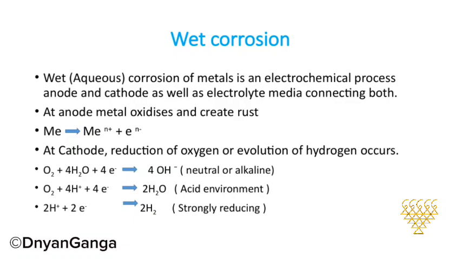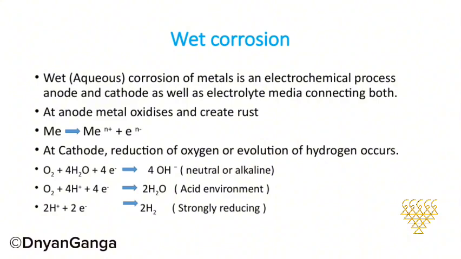For example, in neutral or alkaline conditions, oxygen reacts with water and electrons to produce hydroxide ions. The reaction looks like O2 plus water and electrons producing OH-. In acidic environments, oxygen reacts differently, combining with protons and electrons to form water. And in strongly reducing conditions, hydrogen ions gain electrons to produce hydrogen gas.